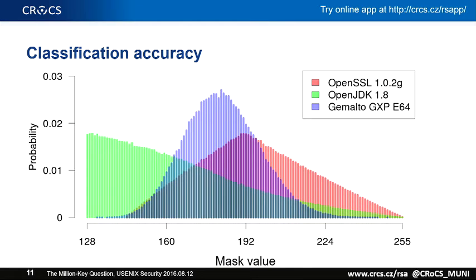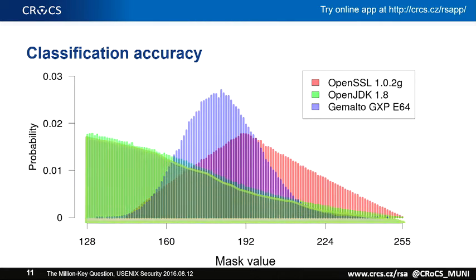So this leads us to classification accuracy. So just to give you some feeling what kind of error we can have. So let's assume we have 3 different sources, and this is the distribution of mask values for these sources.